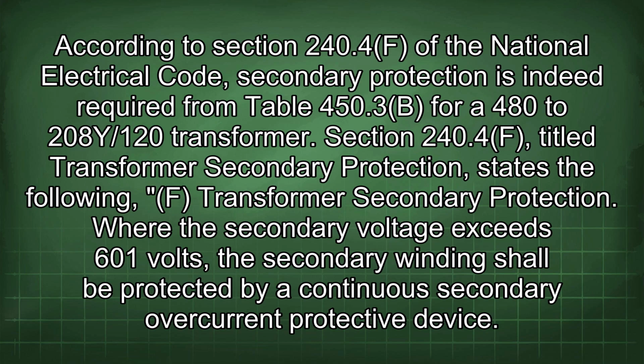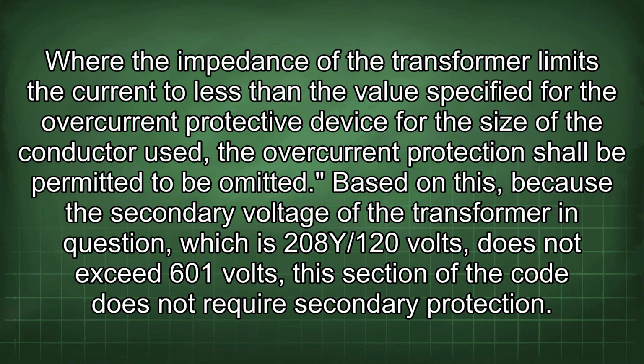Section 240.4(F), titled Transformer Secondary Protection, states the following: Where the secondary voltage exceeds 601 volts, the secondary winding shall be protected by a continuous secondary overcurrent protective device. Where the impedance of the transformer limits the current to less than the value specified for the overcurrent protective device for the size of the conductor used, the overcurrent protection shall be permitted to be omitted.